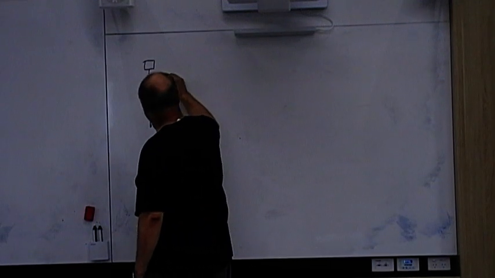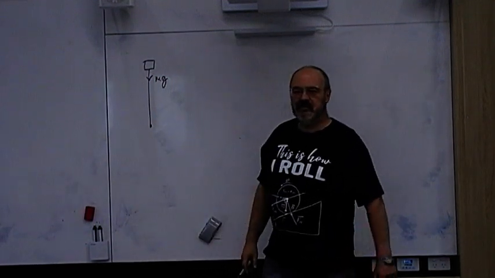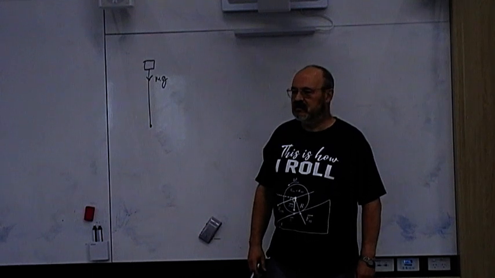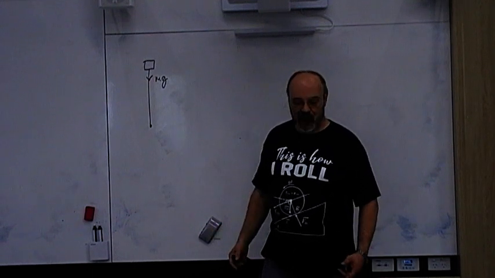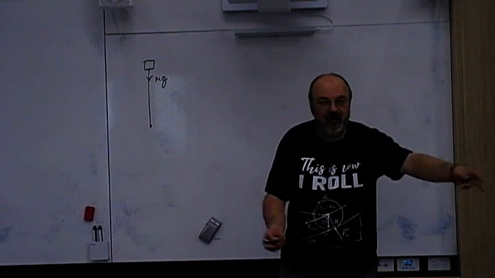The mathematics is too hard for you guys. So at the top, which forces are acting? mg. Yes? What else? It's on a string, so it has to be tension.